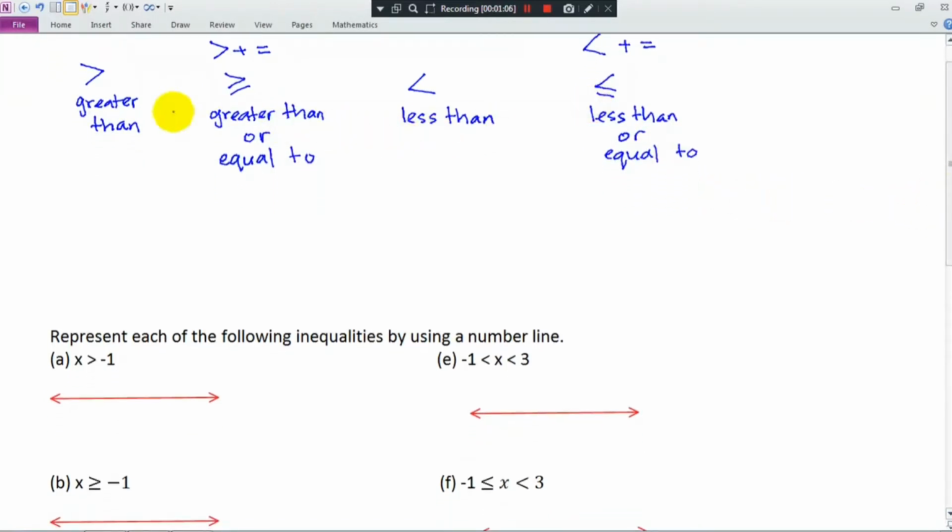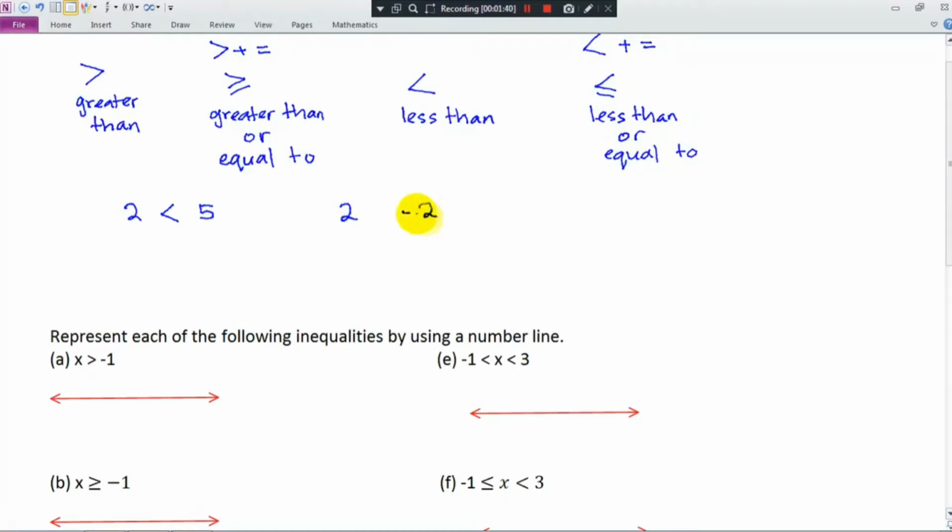Okay, let me explain to you these two first. Let's say you have 2 and 5, which one is bigger? The 2 is smaller than 5, right? So 2 is less than 5, so we have to use this symbol. Now use the same number 2 and negative 2.